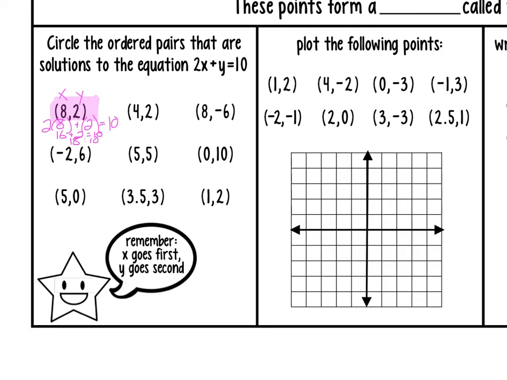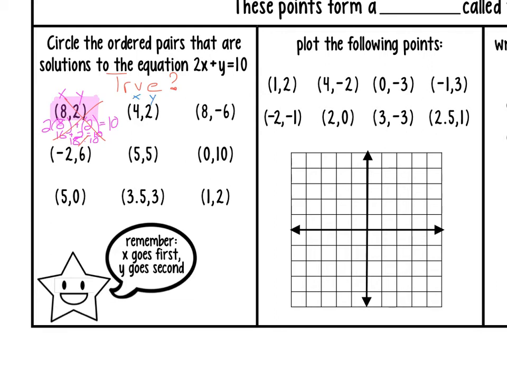So you want to ask yourself, is this a true statement? Is 18 equal to 10? No. So this is not a possible solution. Then if we move on to the next one, 4, 2, again, we start with an x.